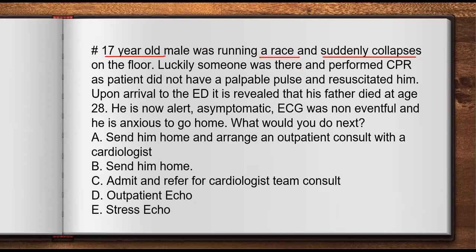Luckily, someone was there and performed CPR as the patient did not have a palpable pulse, and resuscitated him. Upon arrival to the ED, it is revealed that his father died at the age of 28. He is now alert, asymptomatic, ECG was non-eventful, and he is anxious to go home. What do you do next?